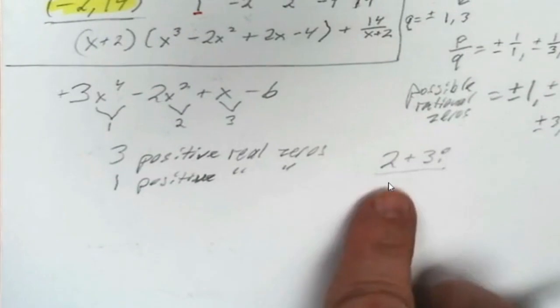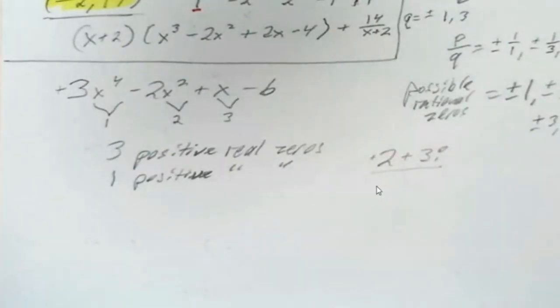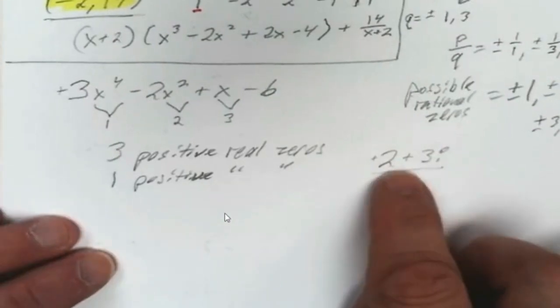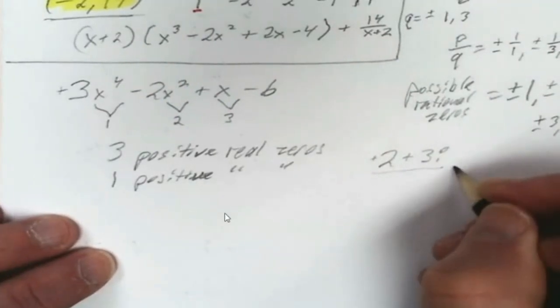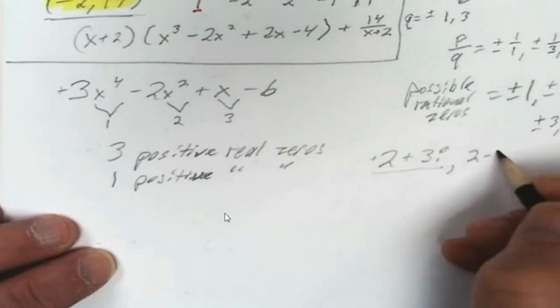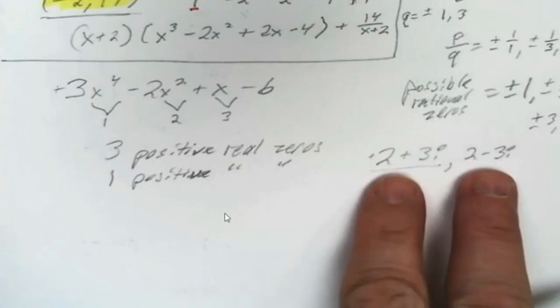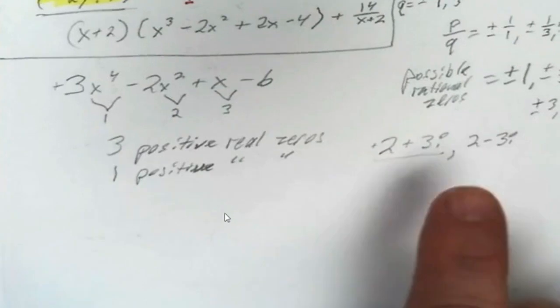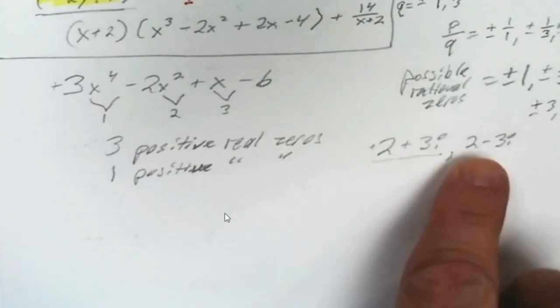If that's one of the zeros, and this is a positive, it's a plus 2, that's a positive root, then guaranteed its conjugate is also a zero. If you haven't heard the term conjugate, its conjugate is 2 minus 3i. These always exist in pairs. When we're talking about a 0 of an equation, they exist in pairs. If you have the plus 3i version, the negative 3i version is also a solution.